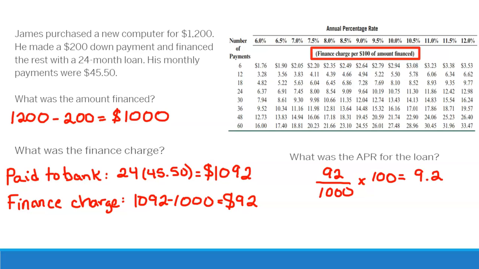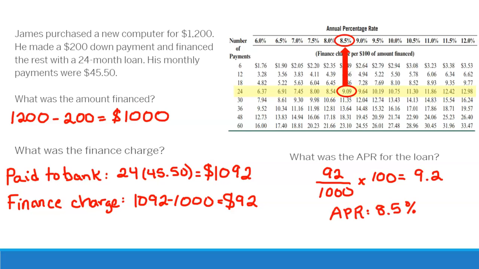Now back to the table, and we'll focus on the 24 payment line because he made monthly payments in a 24-month loan. In that line, we'll find the number that's the closest we can get to $9.20, which is this one, $9.09. Reading up from there, we can find the annual percentage rate, the APR, which is 8.5%.